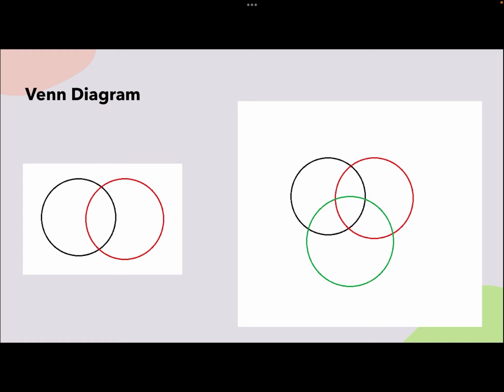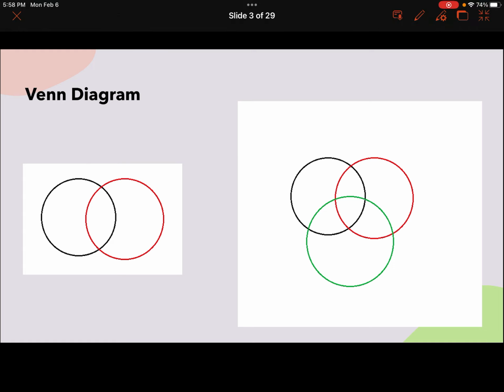Venn diagrams are a graphical method to represent sets. For example, A represents all the possible outcomes that lie inside the circle, whereas B's possible events lie inside its circle.